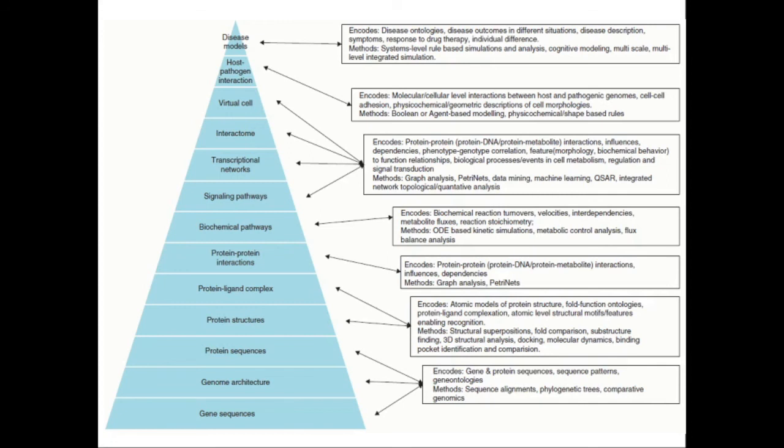And then we can move on from the simple, in inverted commas, biochemical pathways into signaling pathways, transcriptional networks, the whole interactome, in other words, what interacts with what, and try to build up indeed a virtual cell. So this is really going into the depths of systems biology, trying to model what goes on in a whole cell.